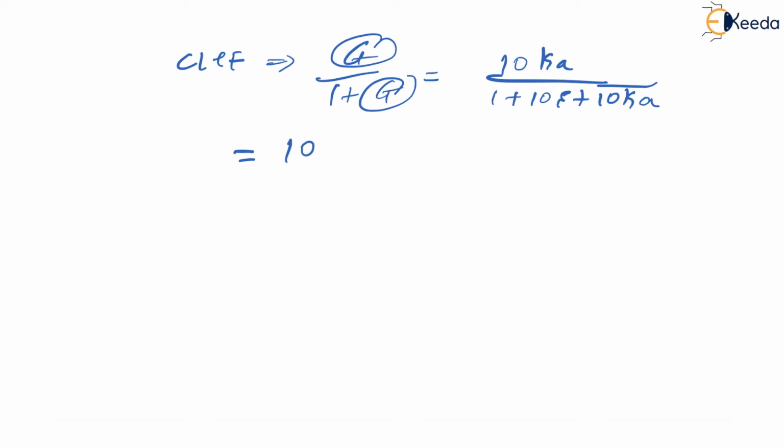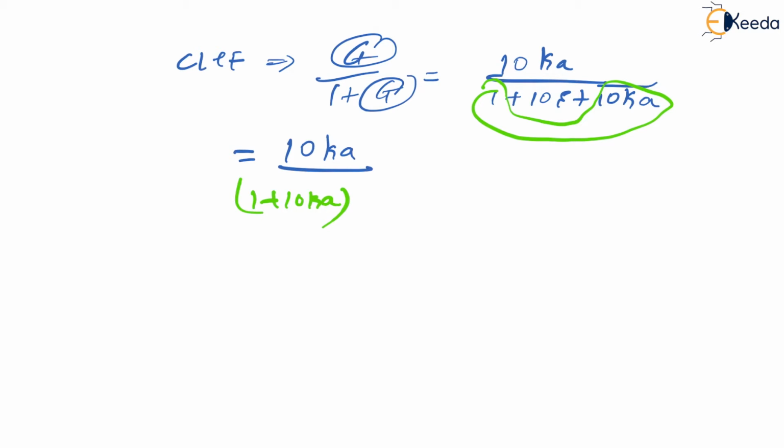Now, what is that equal to? That is equal to 10 times Ka. Because if you see, this 1 plus 10Ka is a constant, right? So I will try to take 1 plus 10Ka outside. What do I get then? I will get 10 upon 1 plus Ka into s.